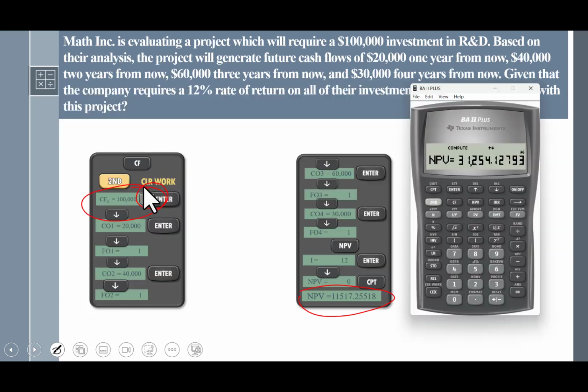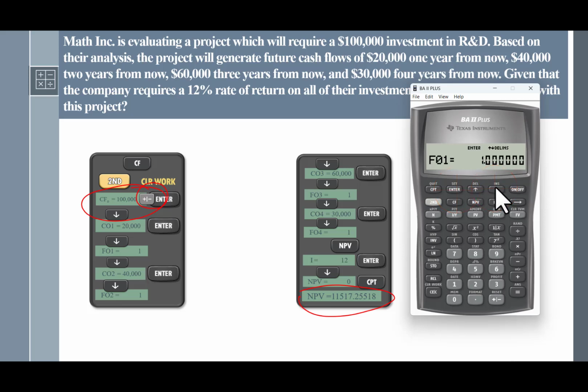Let's grab the calculator, let's clear work. Press the CF. Okay, so initial investment is 100,000. Press the plus minus, enter. 20,000, the first investment. Press enter.